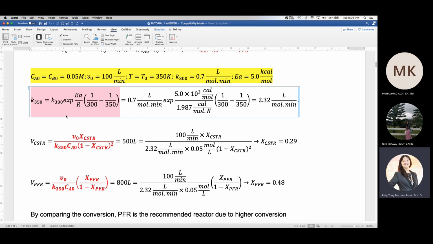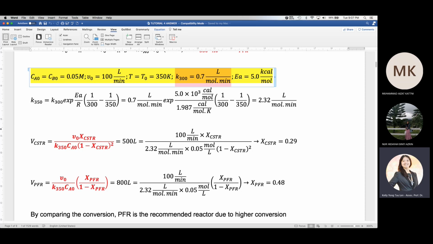Second version ni digunakan apabila, if let's say you know K1 at T1, you want to find your new K at your new temperature, T2. So, nak cari K1, tahu K1, T1, nak cari K2 pada T2. So, example in our case, sama lah kita tahu pada 300, at T1 of 300, my K is 0.7. So since my T2 is 350, I want to find my new K, my K at 350.